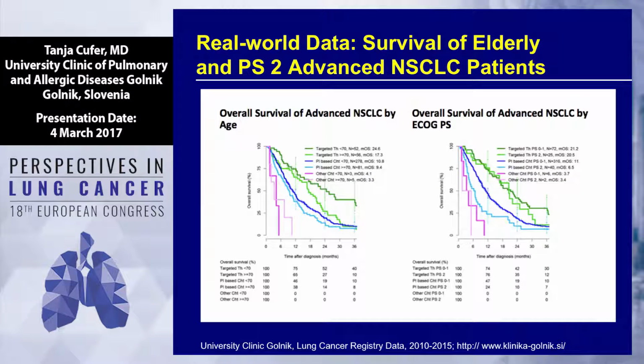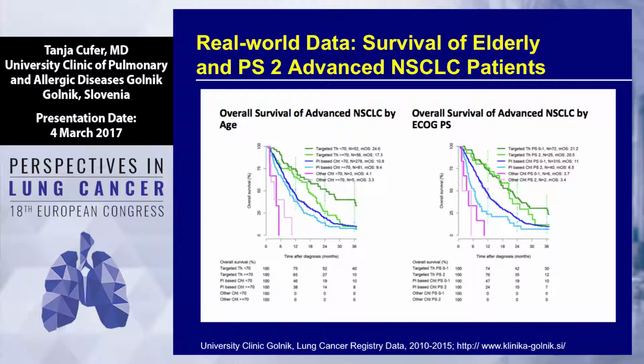At my clinic, University Clinic Golnik in Slovenia, we are diagnosing and treating each year about 600 newly diagnosed lung cancer patients. We established a hospital-based registry in 2010, so we now have data for 5 years. These are not randomized data, that's observational, registry, real-world data.